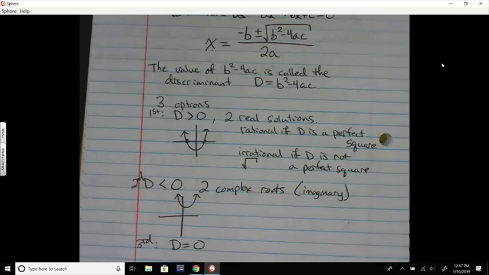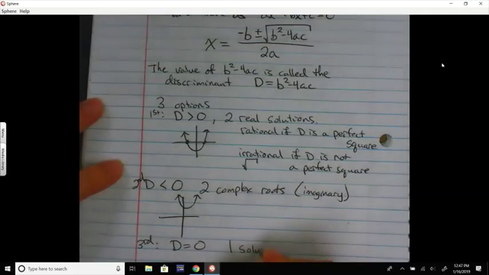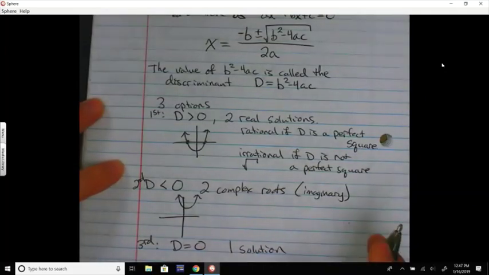It's whatever B squared minus 4AC is. If that whole thing is 0, would we have a number to plus? No. Would we have a number to minus? No. So the only number we have is the opposite of B over 2A. So how many answers do we have? That means you have one solution. It'd be real.